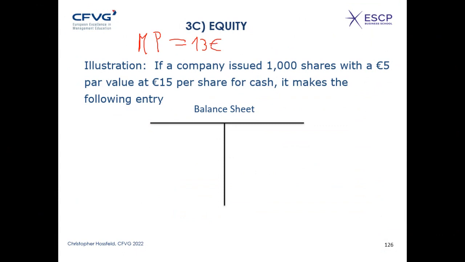How many people do you think will buy the new shares? Existing shares cost 13 euros on the market. New shares cost 15 euros with the company. Both shares, the old ones and the new ones, give me exactly the same rights. Same dividend right, same voting rights, same everything. The shares are identical. So how many people do you think will buy the new shares for 15 euros?